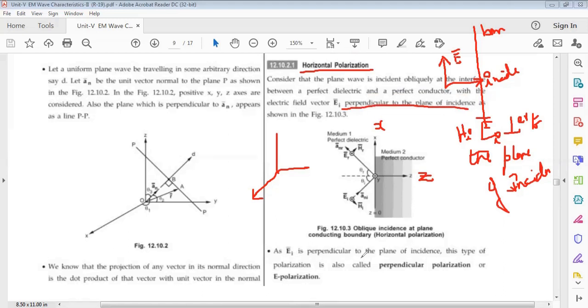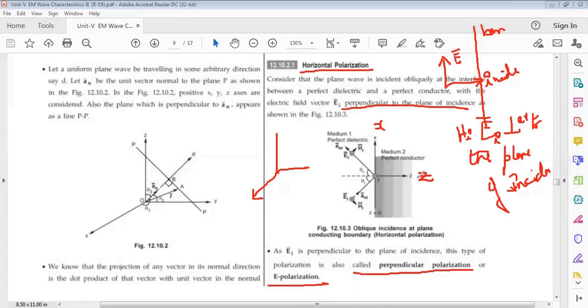As the E bar is perpendicular to the plane of incidence, this type of polarization is also called perpendicular polarization or E polarization. Got it, my dear students? What is the horizontal polarization? Why are we calling it perpendicular polarization, and also E polarization? Because the electric field is perpendicular to the plane of incidence.